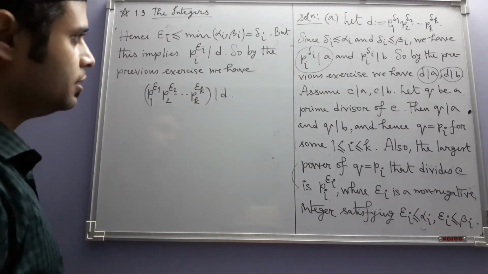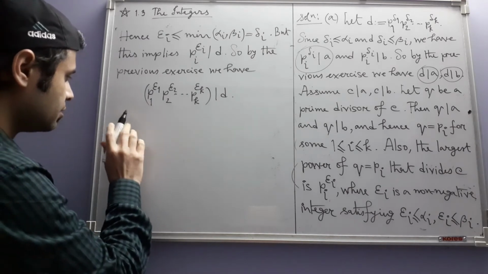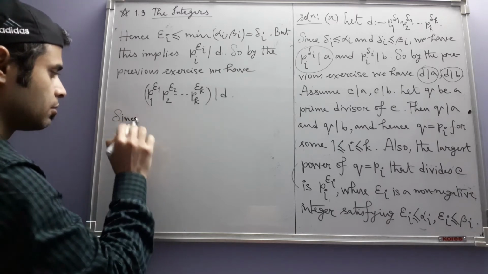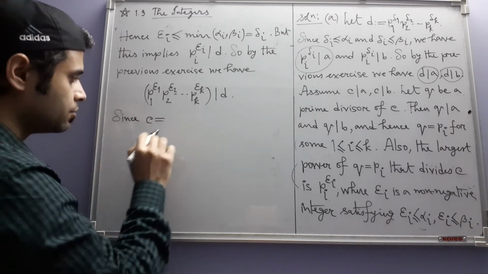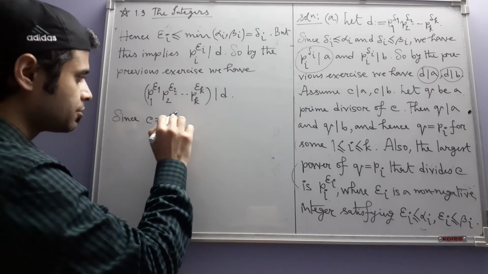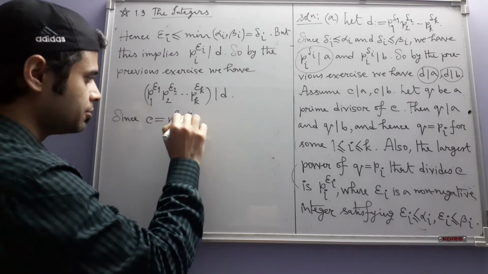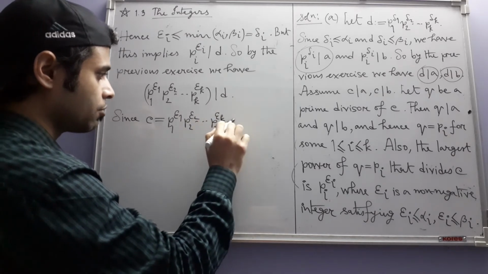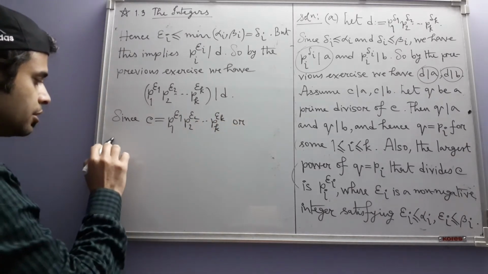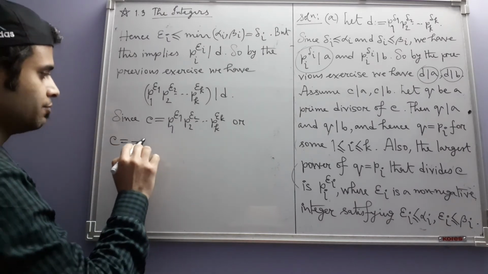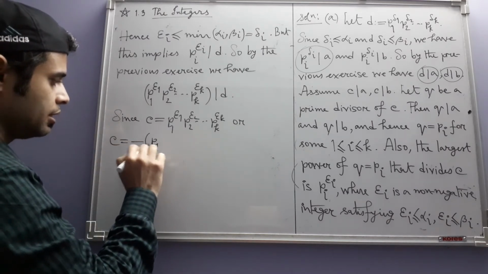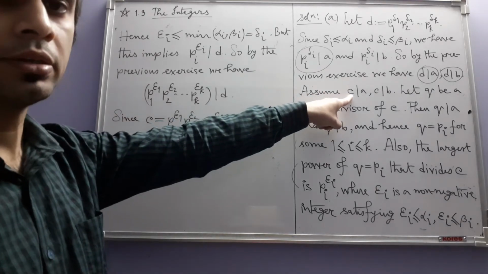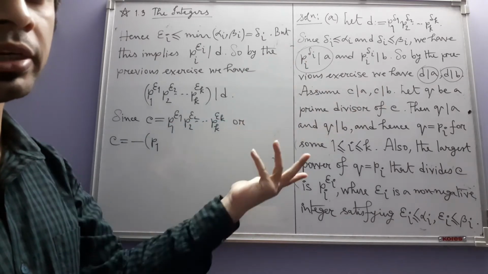Now what is C? C is, let me write like this, C is equal to p1 to the power epsilon 1 times p2 to the power epsilon 2, etc., pk to the power epsilon k, or there is one more situation. C is minus of this, because C, according to us, is any non-zero integer that divides both A and B. C can be negative also.